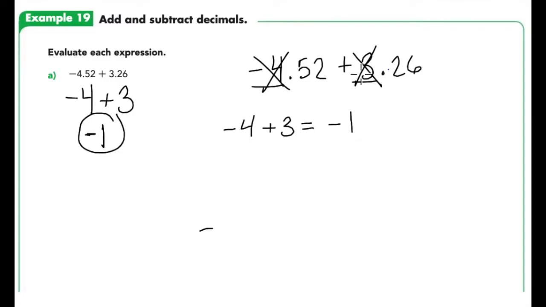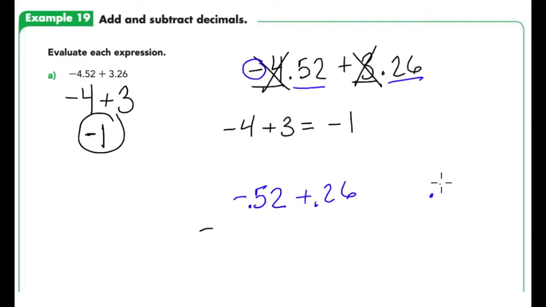And now I'm going to focus on this 52/100, which was negative, because this whole number was negative. So now I have a -52/100 plus 26/100. And again, because the signs are different, we're actually going to subtract here.